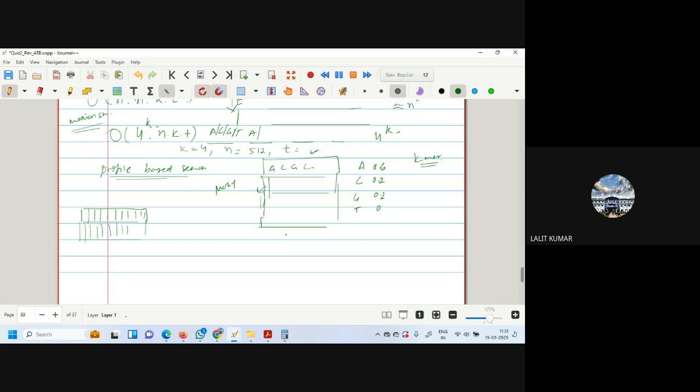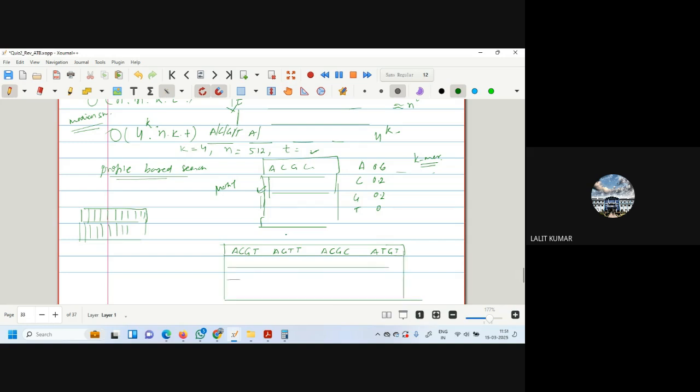Then, for example, this is a sequence, and this is a profile which I've made. So in this sequence, I will have many k-mers. For example, ACGT, AGTT, ACGC, ATGT. I'm just giving you a simple example. So many sequences are there.